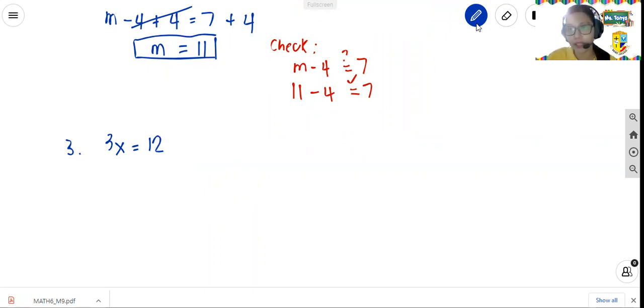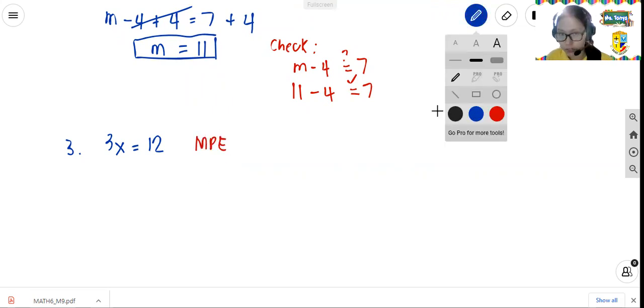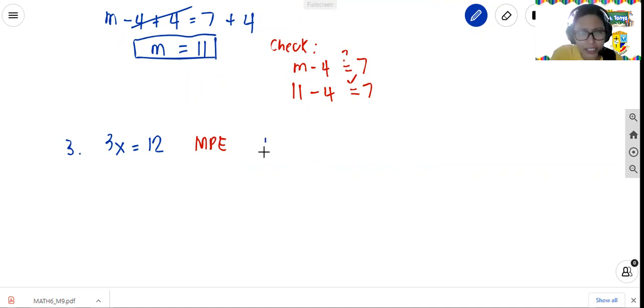So I can apply the multiplication property of equality. It states that if A and B are real numbers and they are equal to each other, I can multiply a number to both sides of the equation and the equality will still hold true. Again, the technique is to isolate the variable. So I want to isolate x here.